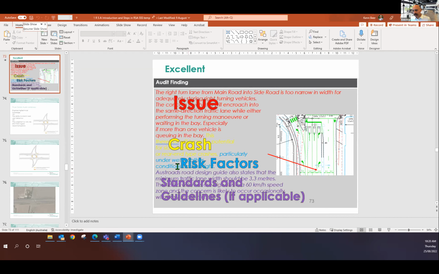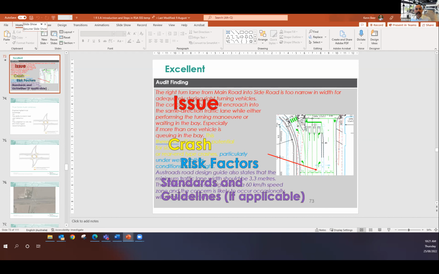And then you might say, Austroads dictates a 70-degree stand-up angle for slip lanes, which this does not meet, something like that. So it's very clear, you've pointed directly at it. But don't put it in if you don't need to.